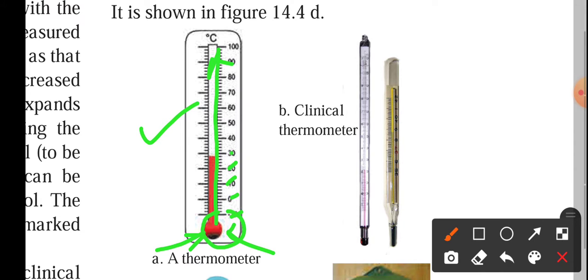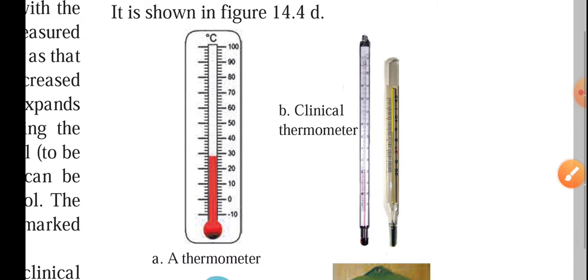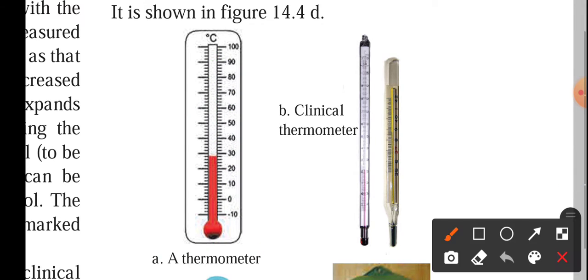The reading scales are already calibrated or marked on the thermometer, with the help of which we can read the temperature. Like here they have shown, this mark is around 27 or 28 degrees Celsius.